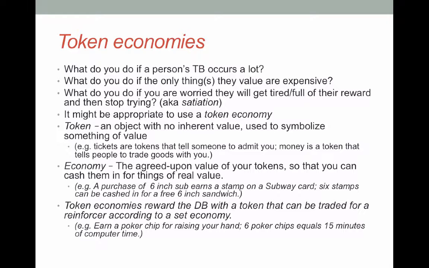So this is the agreed upon value of our tokens so that we can cash them in for things of real value later on. A real life example of this might be that we come to understand this economy. If I go to Subway and I buy a 6-inch sub, they give me a stamp that I can put on a card. Then, when I have 6 of those stamps, I can cash it in to get a free 6-inch sandwich. So basically, the economy is that agreement.